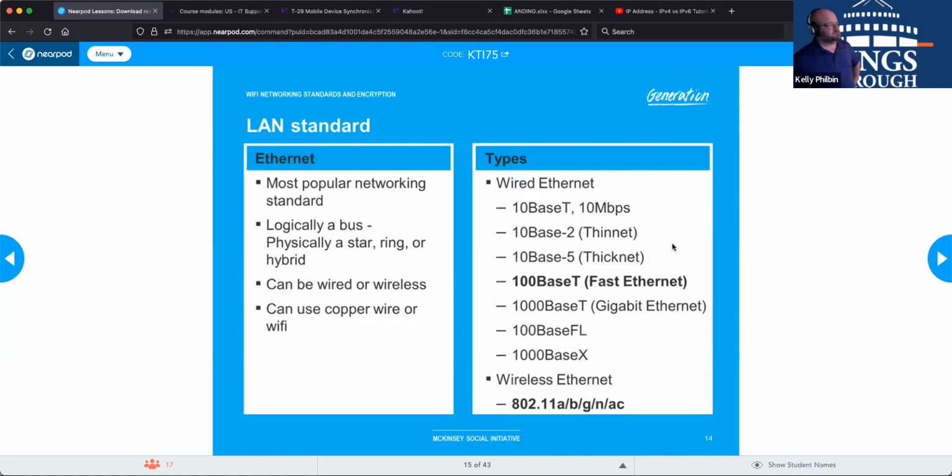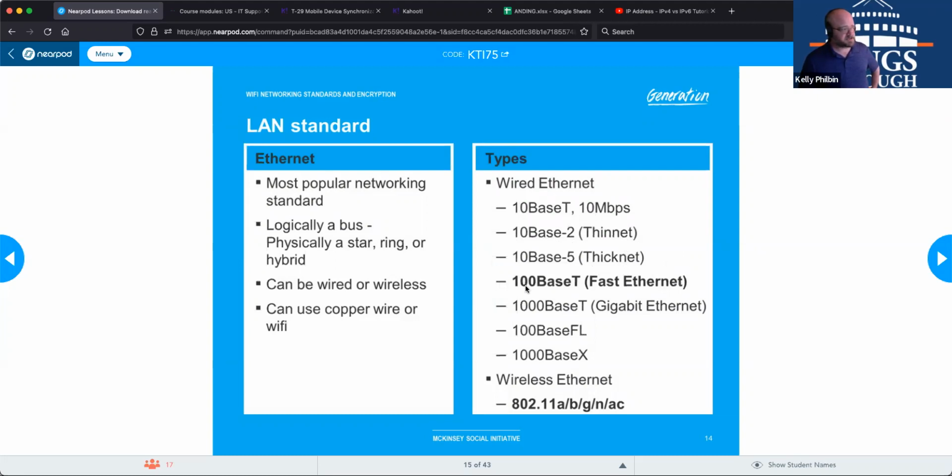So here are the various forms of the wireless or wired Ethernet. Remember what we talked about before, where you had this number in the beginning, that's your megabits per second. So if you see a 10, it's very slow. And then we finally get up to thin net, thick net, which is a coaxial standard.